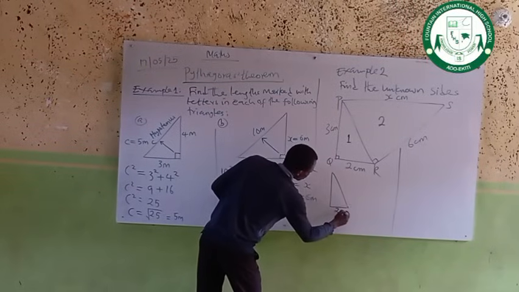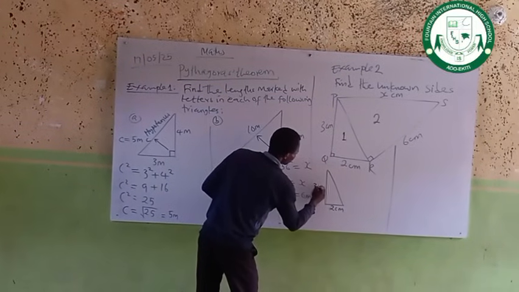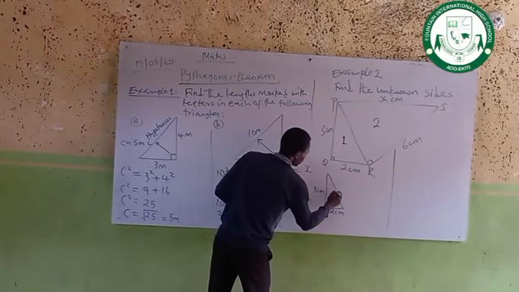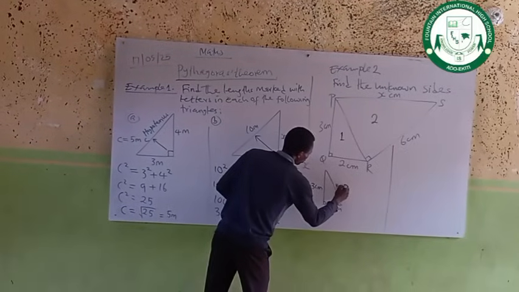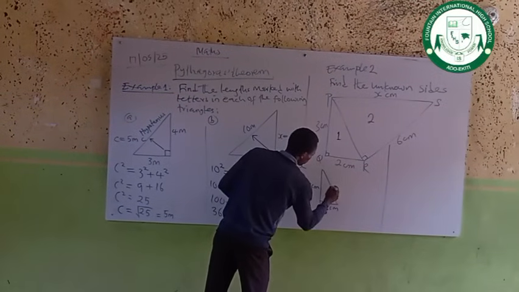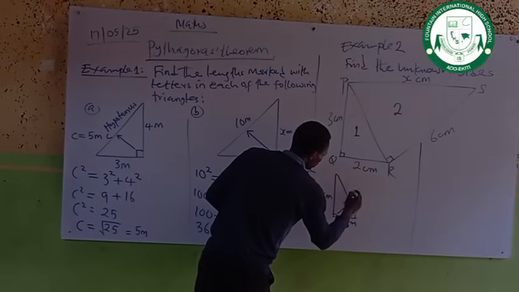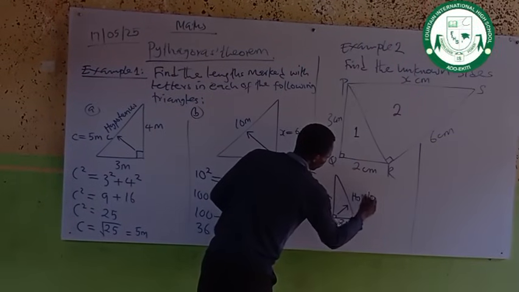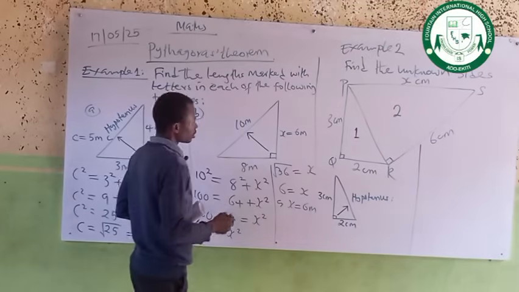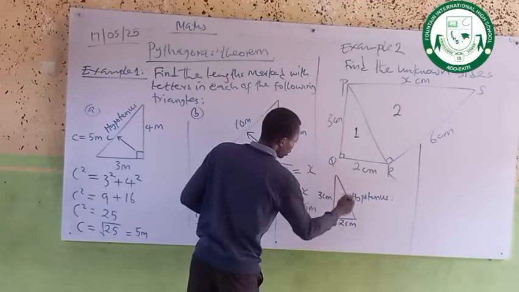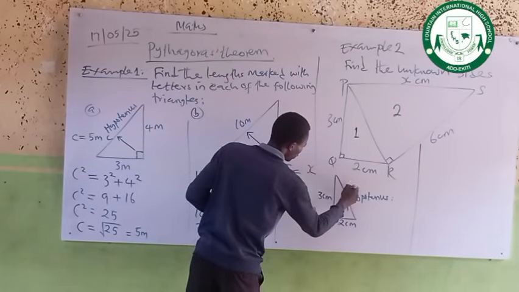This place is 2 centimeter, this place is 3 centimeter. So this place is the hypotenuse. Let's say that this hypotenuse here is C.